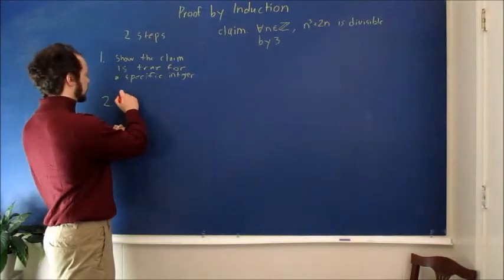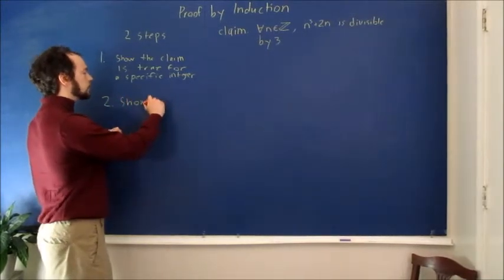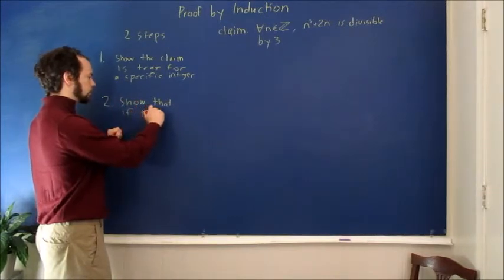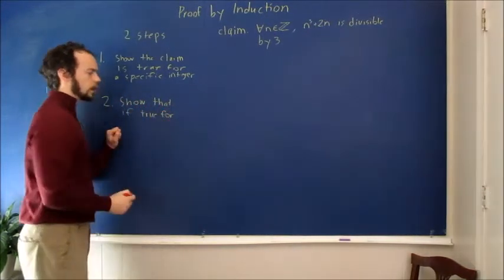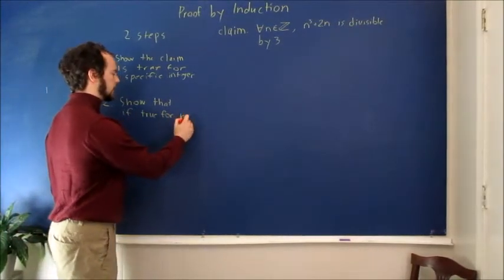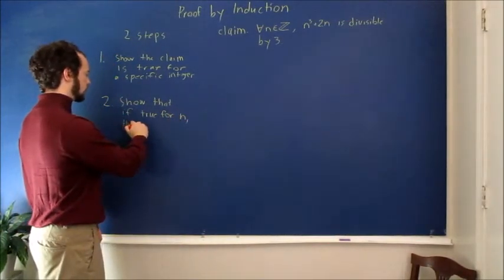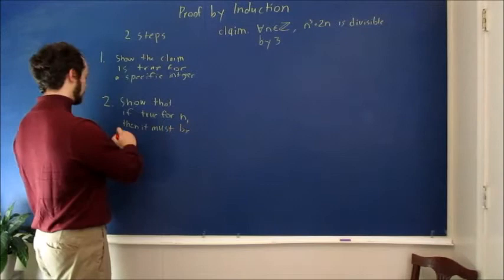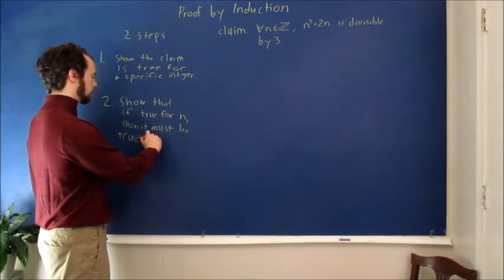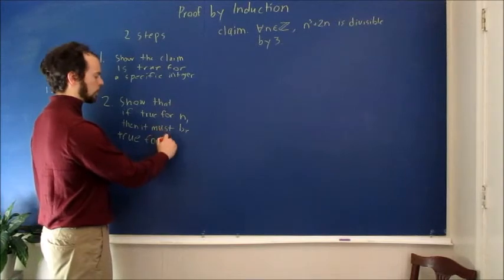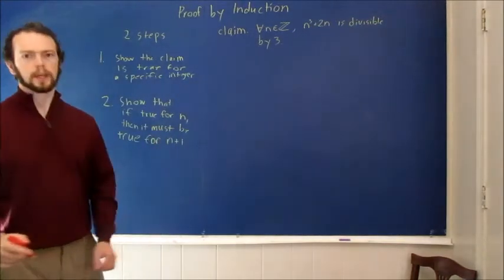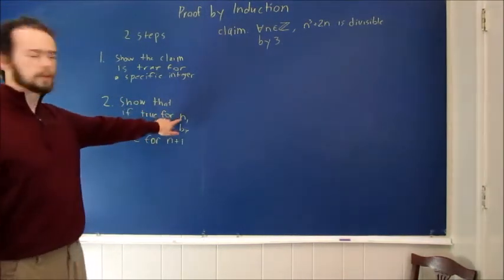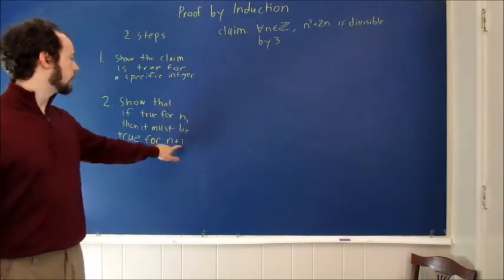So let's show that if it's true for some integer n, then it must be true for n plus 1. This is an if-then statement that we need to prove. If it's true for some integer n, then it must be true for n plus 1.